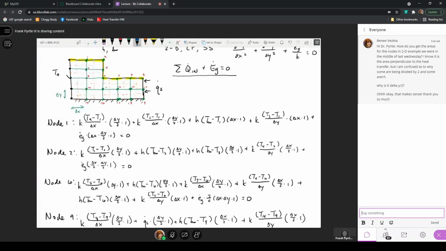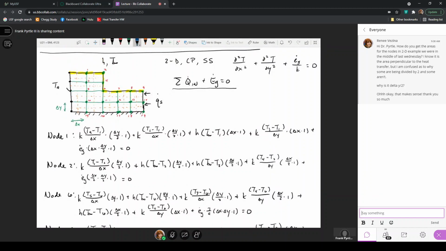If we wanted to know what the temperature gradient is in the object at the top here, the temperature gradient, let's say, in the Y direction.